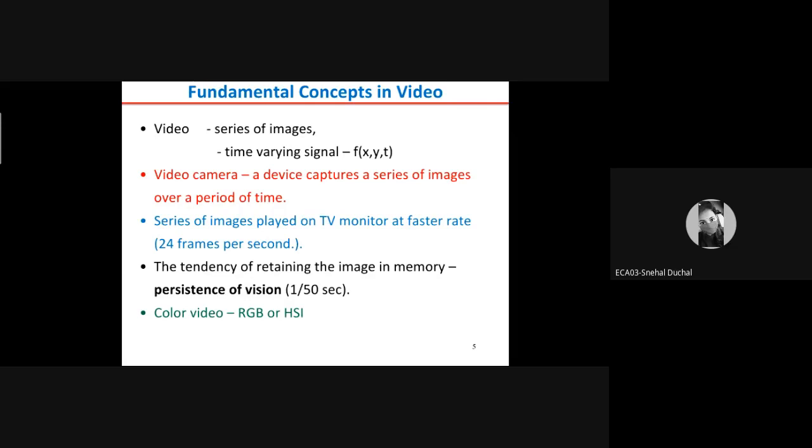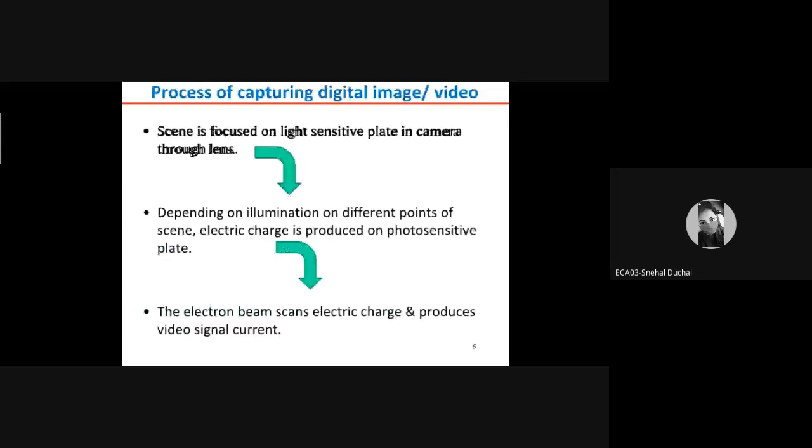Basically, how can we capture the video? In order to capture the video, we require the video camera. By using the video camera we can capture a sequence of images, which is referred to as a video.